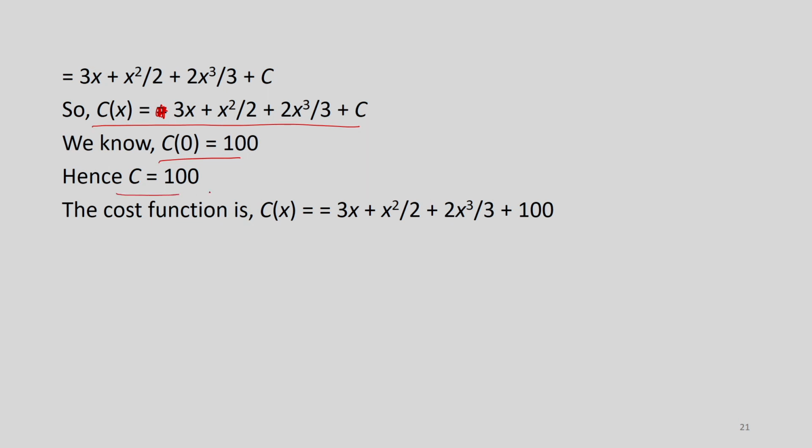So, therefore, C is equal to 100, and this is substituted back in this function. So, the total cost function is found to be 3x plus x square divided by 2 plus 2x cube divided by 3 plus 100. Okay, done.